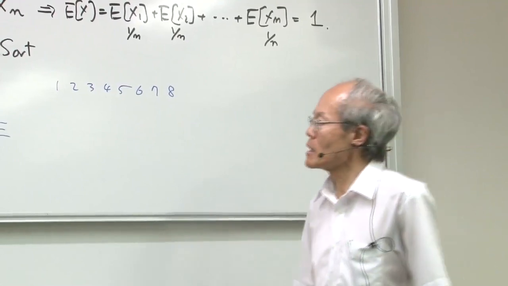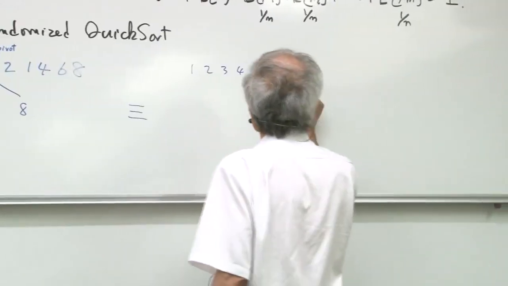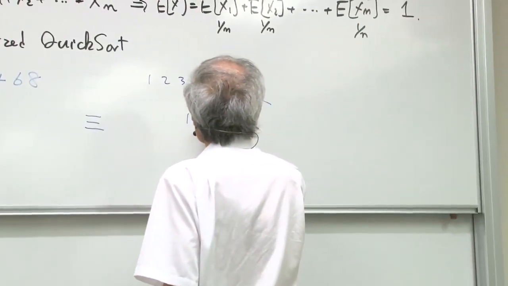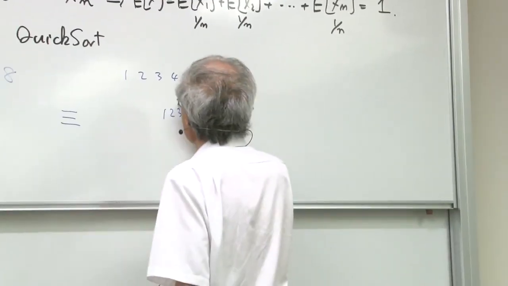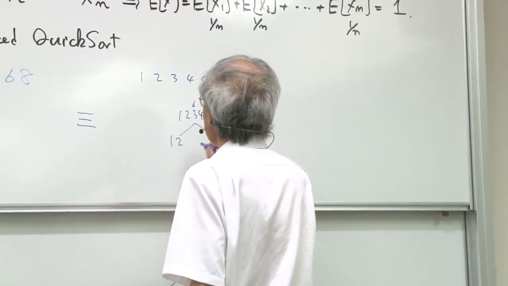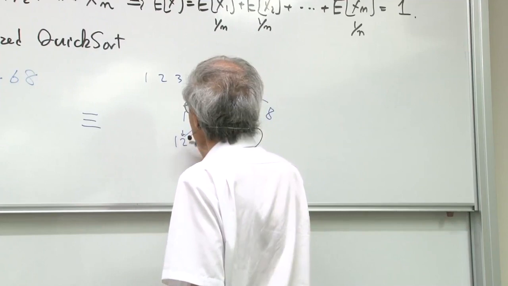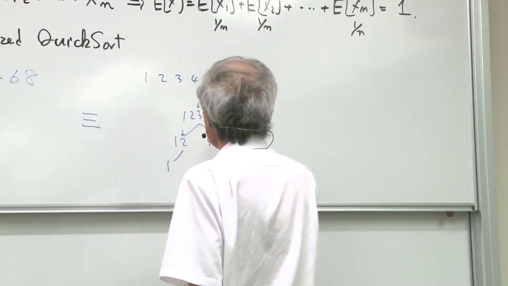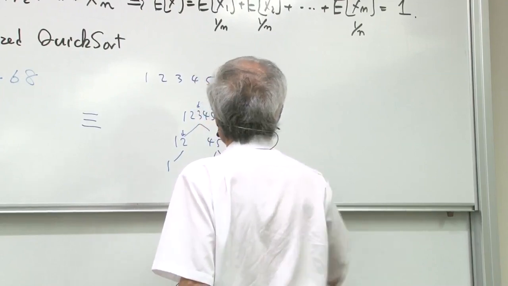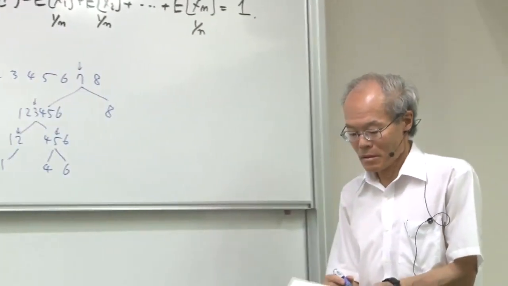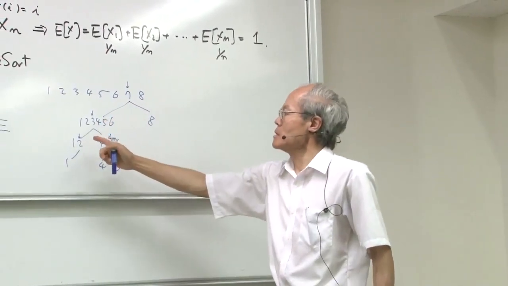Then you first do 7, then 1, 2, then again 3. The pivot sequence is the same: 7, 3.